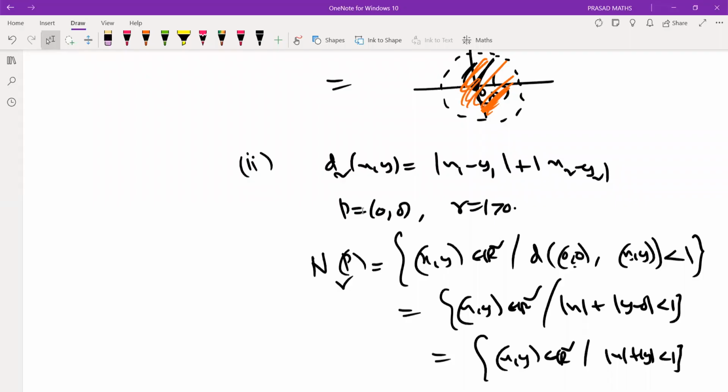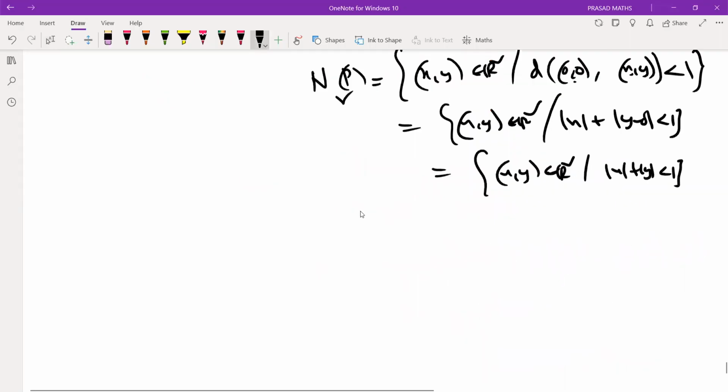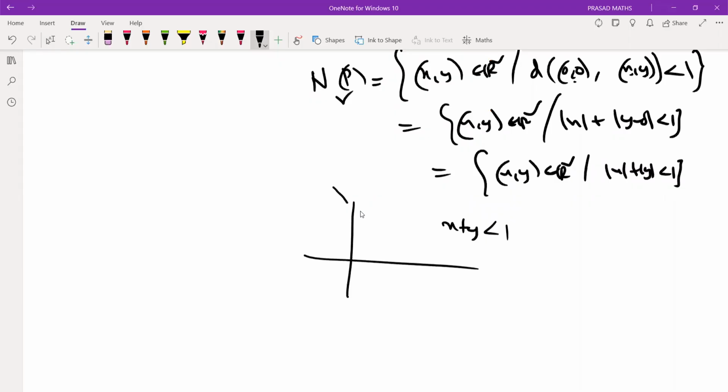What does mod x plus mod y less than 1 give here? If x is positive and y is positive, then x plus y less than 1, which is towards the origin. In fact, it is bounded by dotted lines, this region.